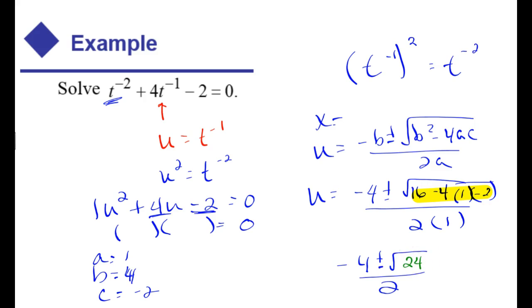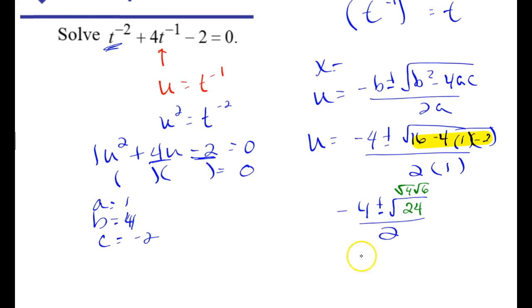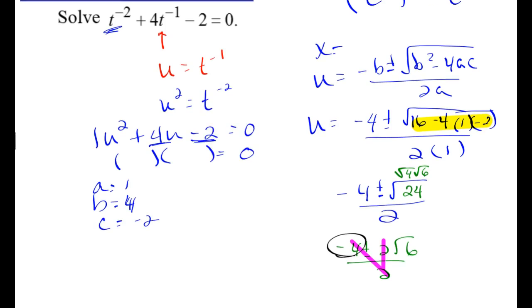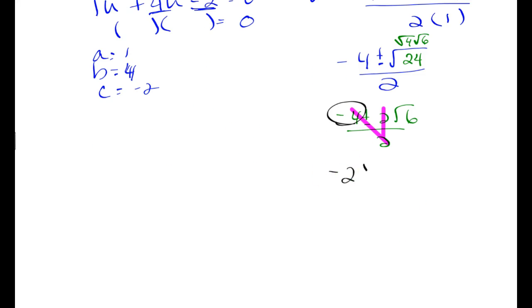I'm going to simplify 24 to be the square root of 4 and the square root of 6, and rewrite this as negative 4 plus or minus 2 square roots of 6 divided by 2. And again, we cannot cancel part of a sum, but I can cancel both sums. So I'm going to divide everything through by 2. Negative 4 divided by 2 is negative 2, plus or minus the square root of 6 for final answer.